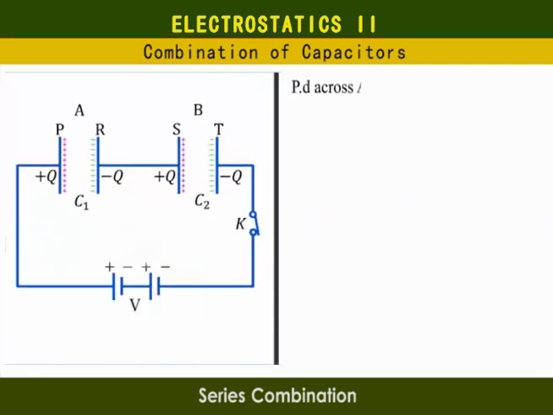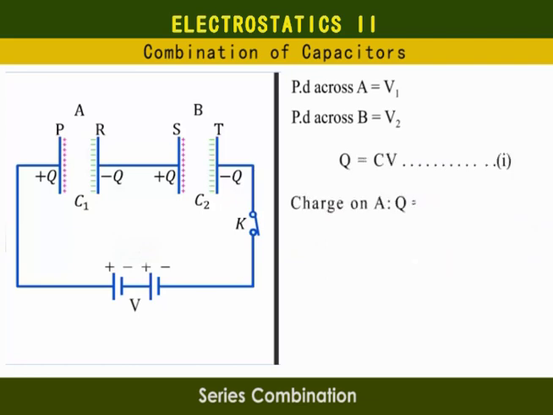Let the potential difference across capacitors A and B be V1 and V2 respectively. The relationship between capacitance of a capacitor C, the charge Q accumulated on it, and the potential difference V across its plates is given by Q is equal to CV.